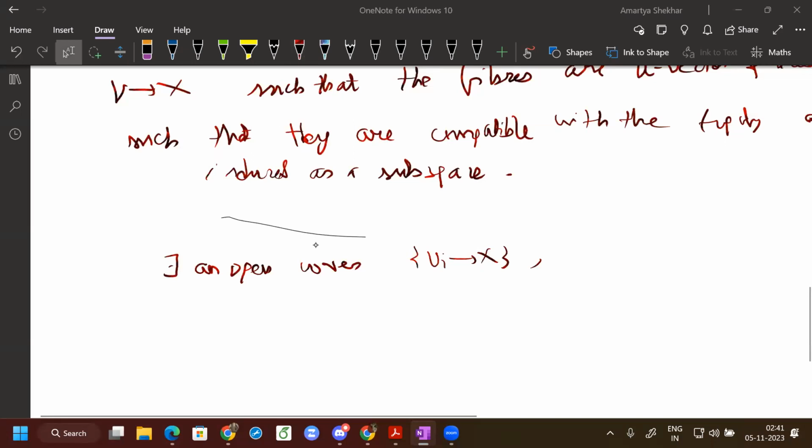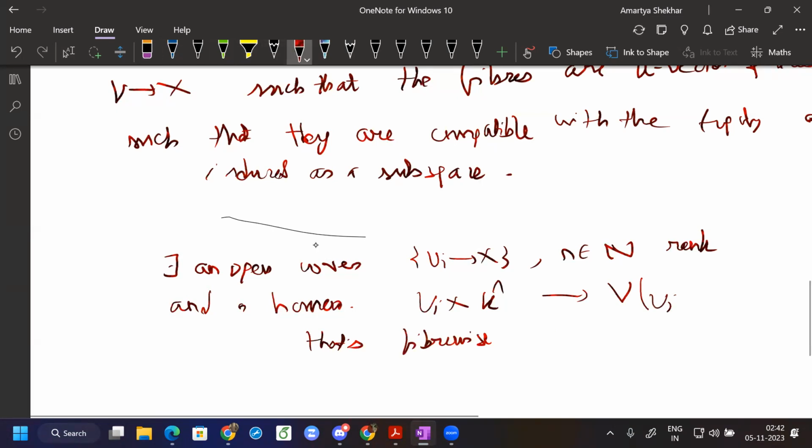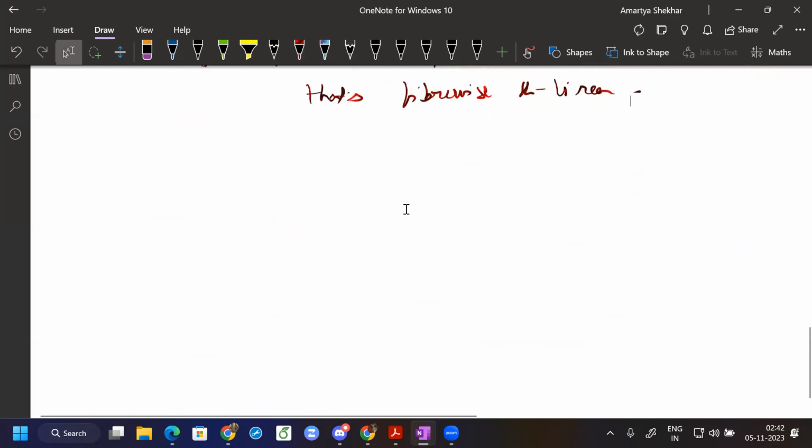So there exists an open cover, and you have this n that is the rank, and a homeomorphism. Remember, K is the field that we fixed, and it is fiberwise K-linear. That's what a vector bundle is.